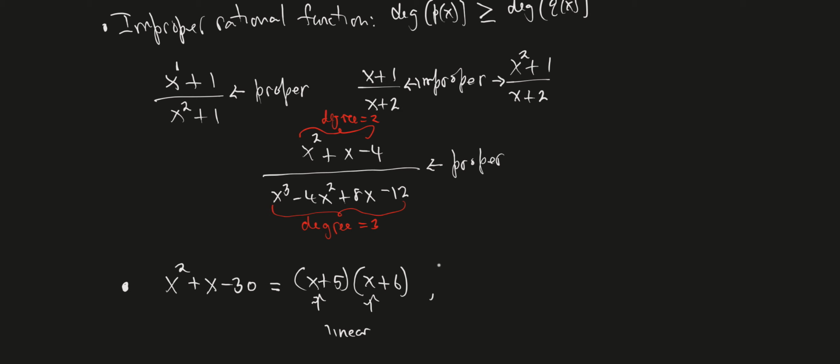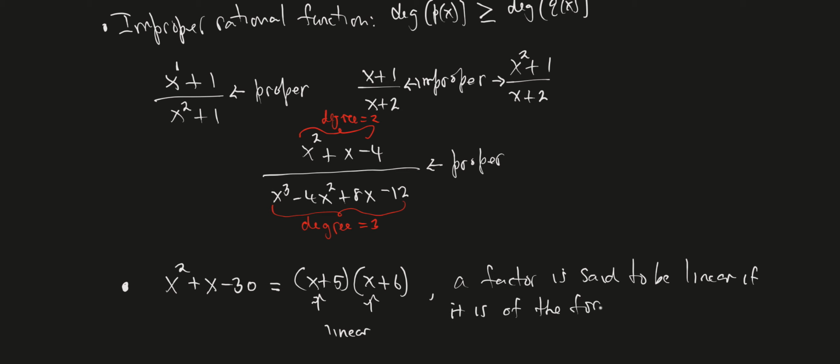A linear factor is a factor of the form ax plus b, right? So a factor is said to be linear if it is of the form ax plus b, where a and b are real constants, right?